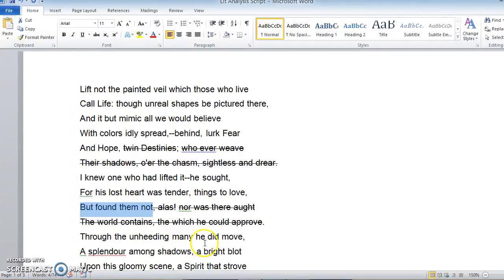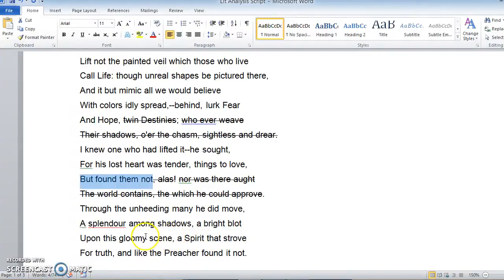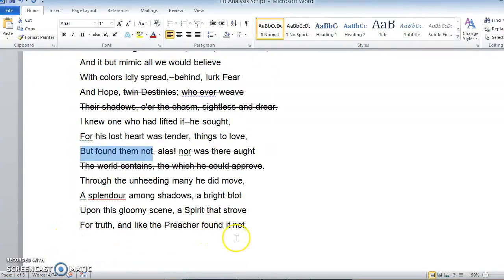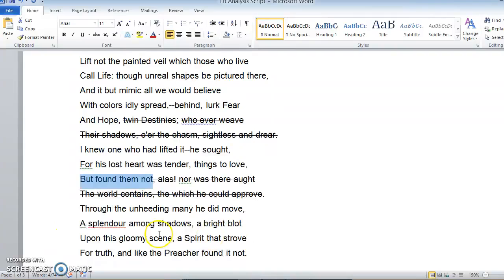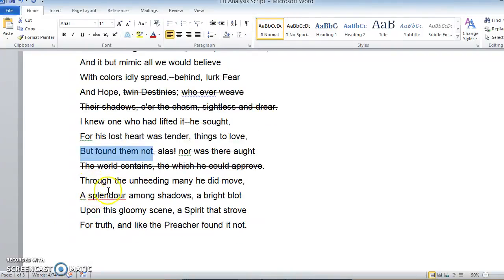Through the unheeding many he did move, a splendor among shadows, a bright blot upon this gloomy scene, a spirit that strove for truth, and like the preacher found it not. So, in other words, let me go back up here.